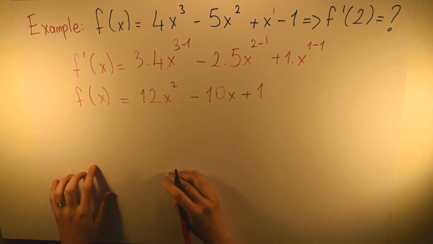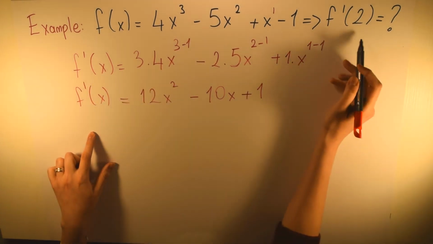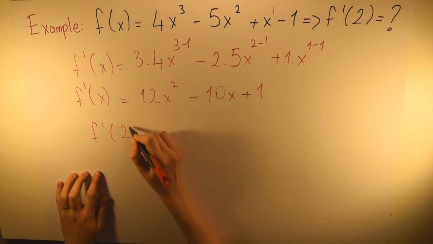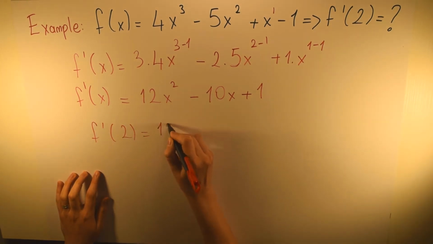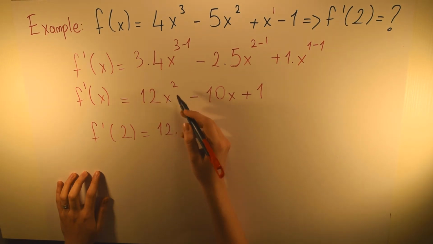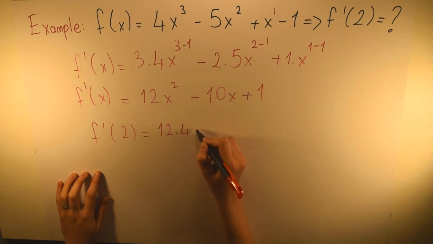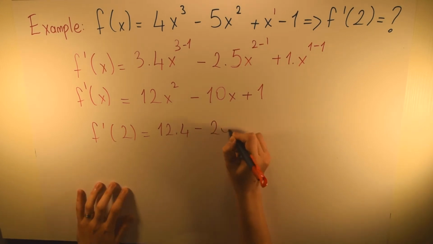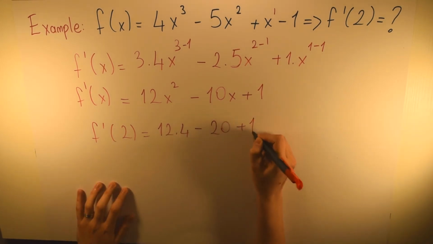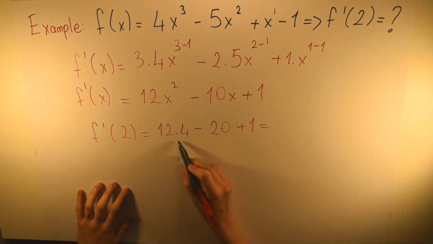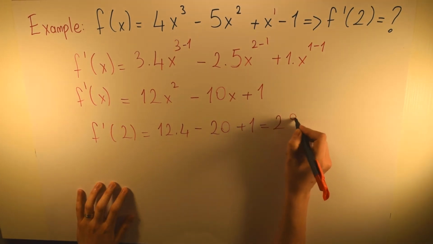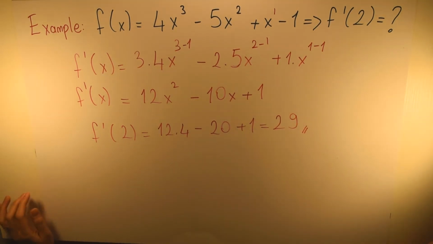So now we will put 2 instead of x. It's equal to 12 times 2 to the power of 2, it's 4, minus 10 times 2, it's equal to 20, plus 1. So here it's 48, minus 20 is 28, plus 1, this is equal to 29.